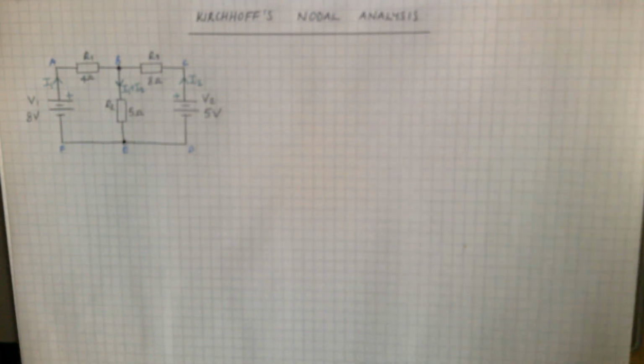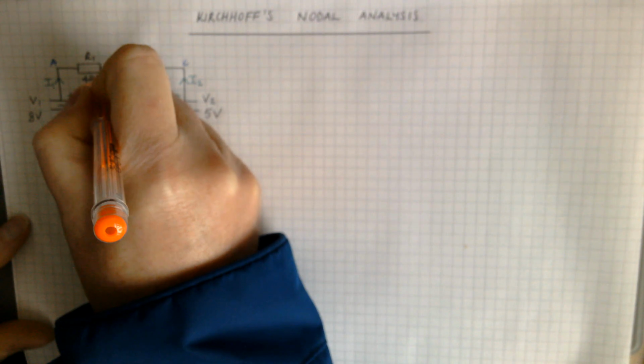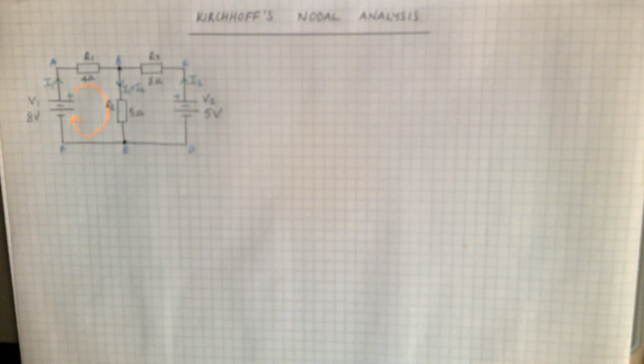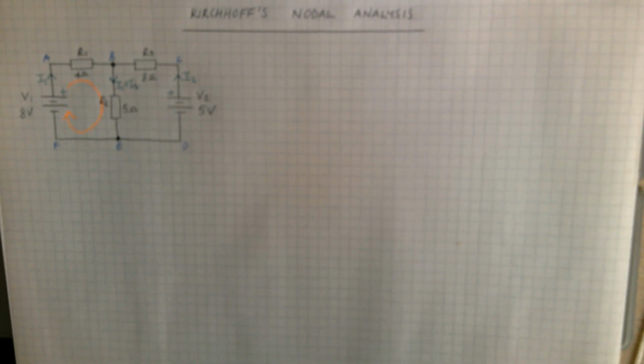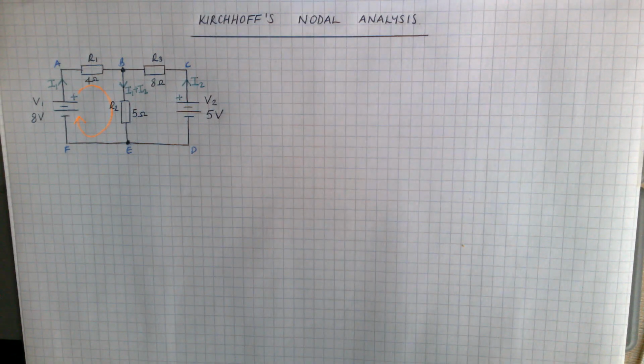So the first loop I want to look at is the loop with the 8-volt supply in it. In that loop, I've got the current coming round the loop, and it's this loop here. That's my loop that's got my 8-volt supply in it. There, it's back in focus.